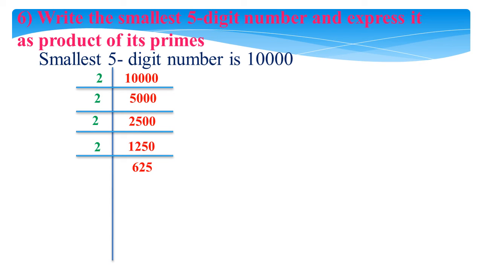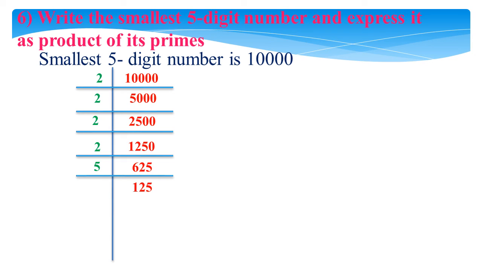625 is an odd number and ends in 5. So it is divisible by 5. 625 divided by 5 we get 125.